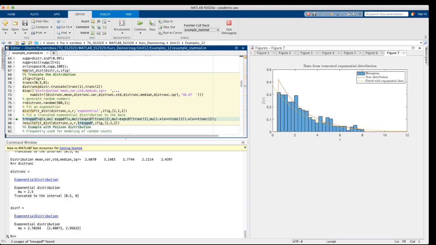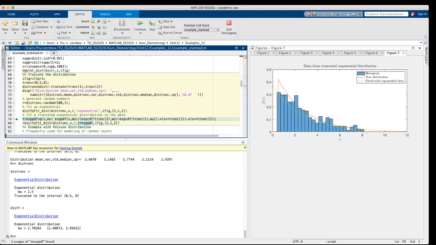Now we want to fit a truncated exponential distribution to the data. This is slightly more complicated because now we have to define a function handle which represents a truncated exponential distribution.